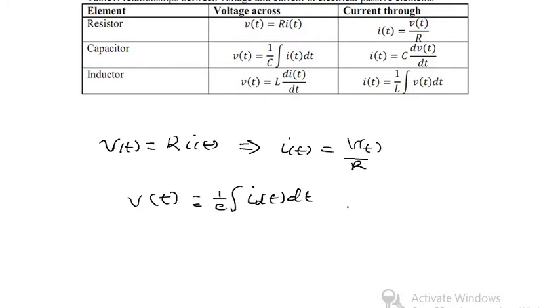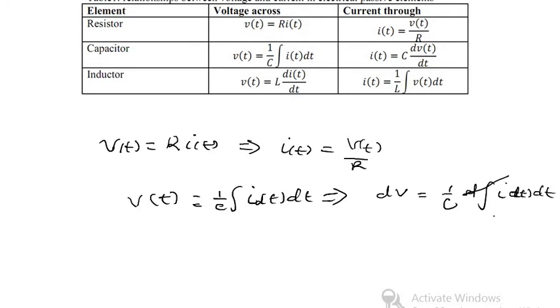Then by making i the subject, taking the differential of both sides, we have dv equal to 1 over C times the integral of i(t) dt.